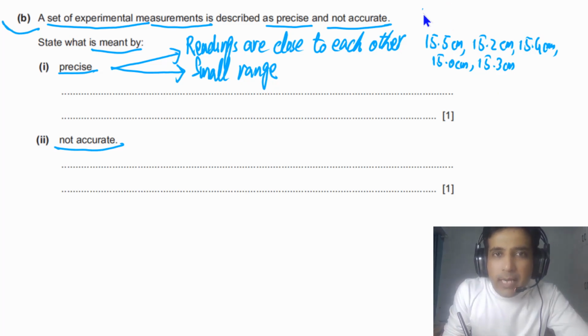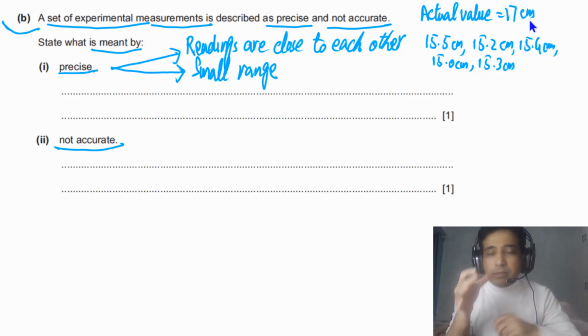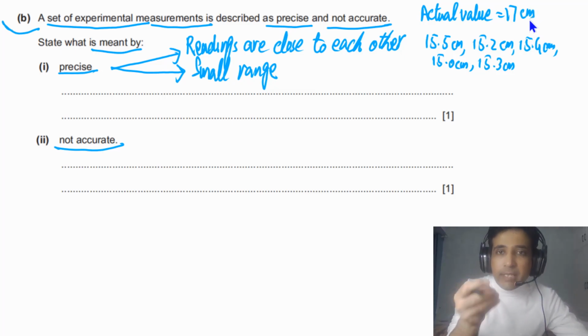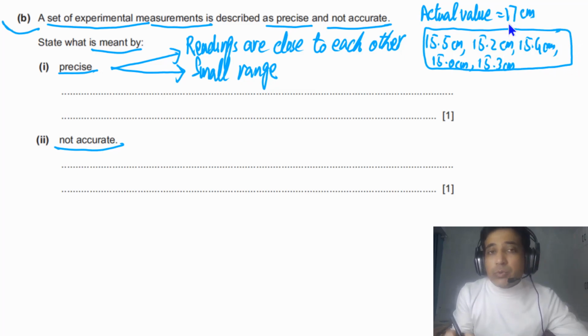Imagine that the actual value is 17 centimeters. But this is the data, the measurements we have taken with the help of an instrument. Now, if you look at these values, they are close to each other, but they are not close to the actual value.